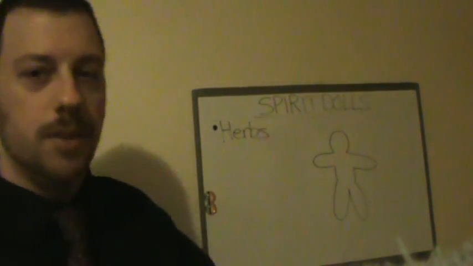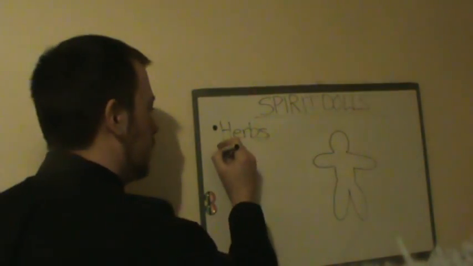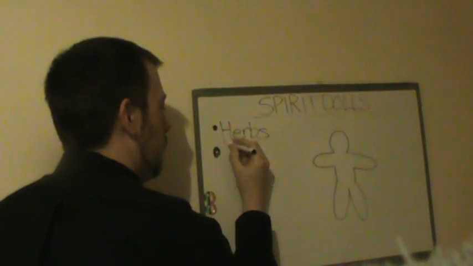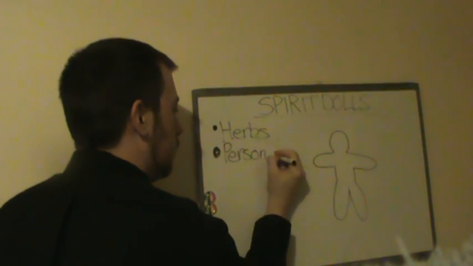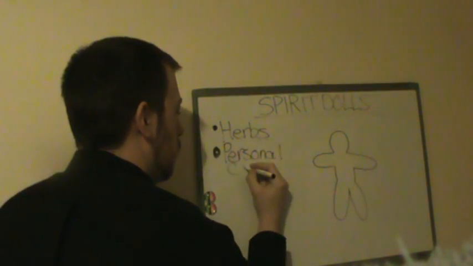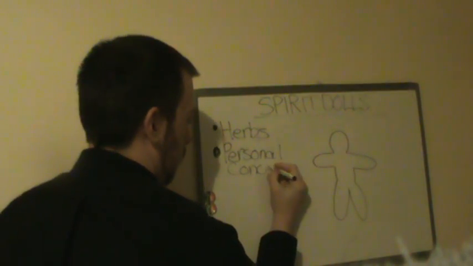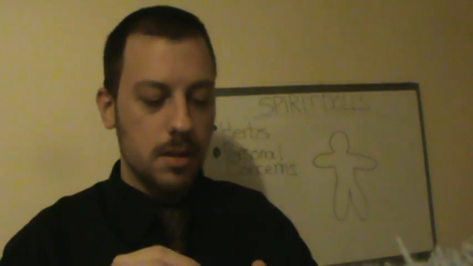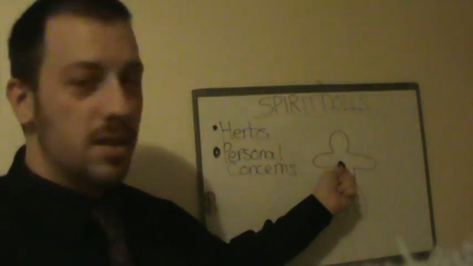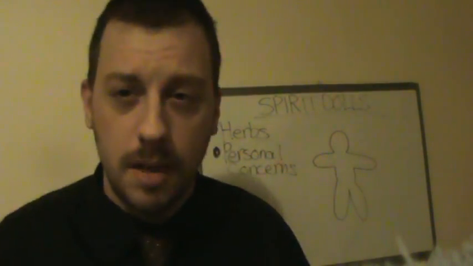The second thing you'll need is personal concerns. Now, personal concerns is what links the doll to your target. Personal concerns is something that links the doll to the person that you are affecting.